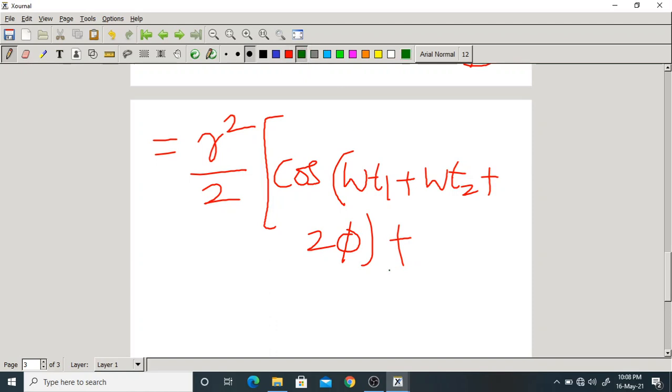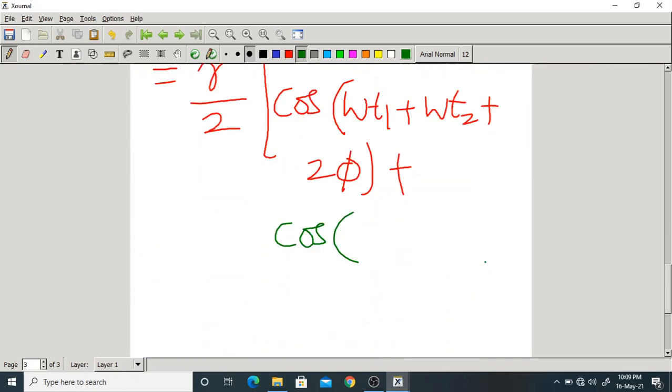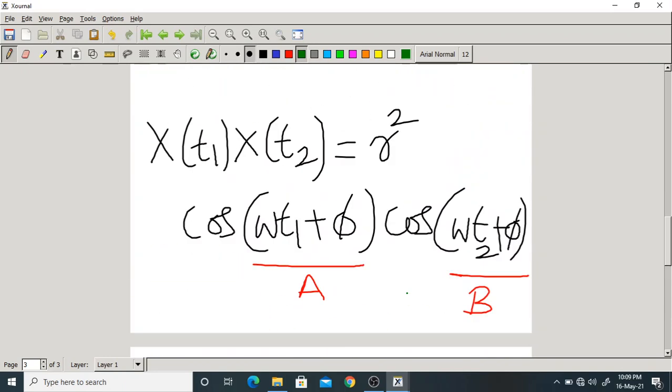What is cos(a minus b)? Omega t1 minus omega t2. Phi and phi cancel. Cos(omega t1 minus omega t2).